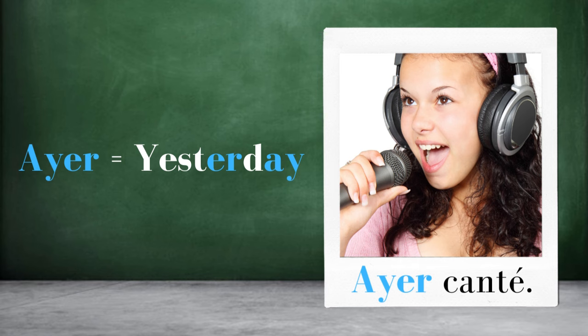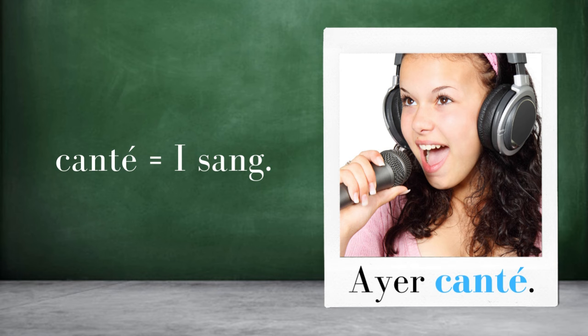Okay, now let's use our critical thinking skills to figure out how to say I sang. Excelente. Canté means I sang. Can you figure out the correct conjugation for preterite AR verbs in the yo form? What ending do we see?